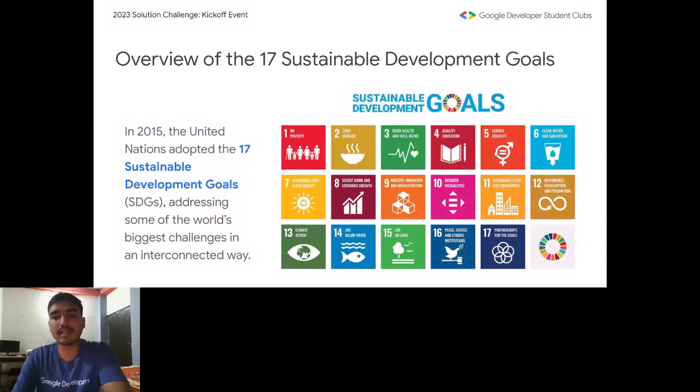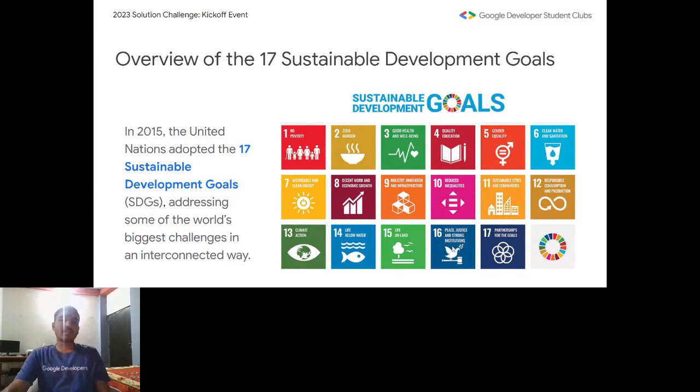Fifth, gender equality. Sixth, clean water and sanitation. Seventh, affordable and clean energy. Eighth, decent work and economic growth. Then we have industry, innovation, and infrastructure, reduced inequalities, sustainable cities and communities, responsible consumption and production, climate action, life below water, life on land, peace, justice, and strong institutions, and partnerships for the goals.